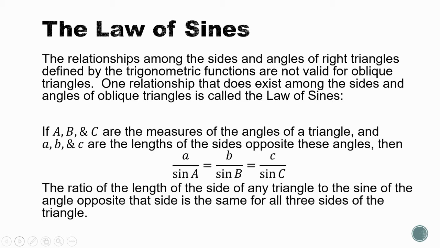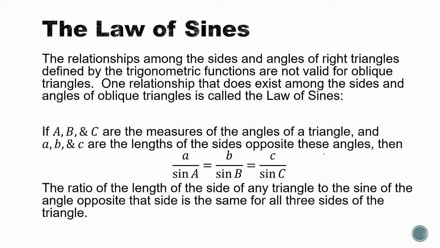If A, B, and C are measures of angles of a triangle, and a, b, and c are the lengths of the sides opposite these angles, then a over the sine of A equals b over the sine of B, which equals c over the sine of C. The ratio of the length of the side of any triangle to the sine of the angle opposite that side is the same for all three sides of the triangle.